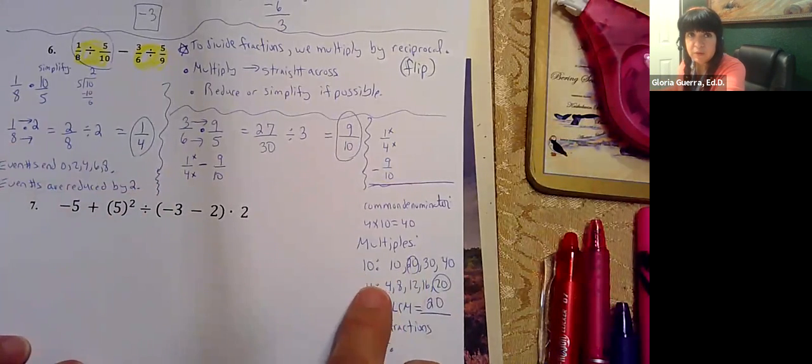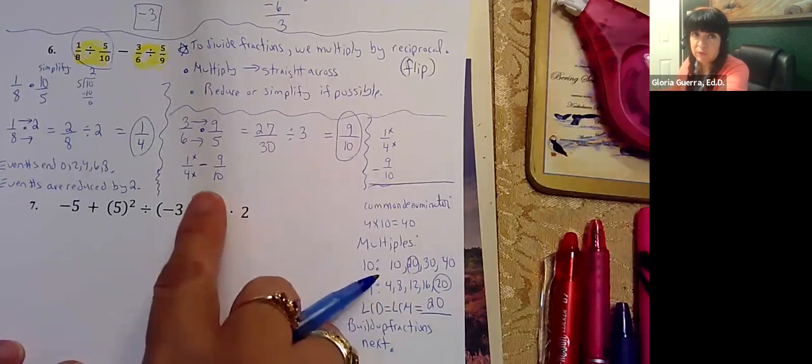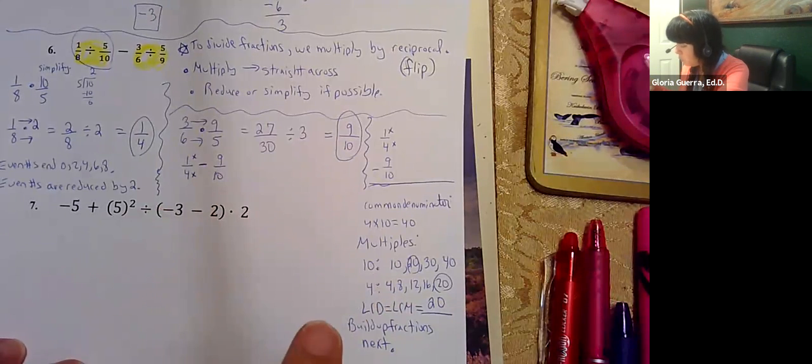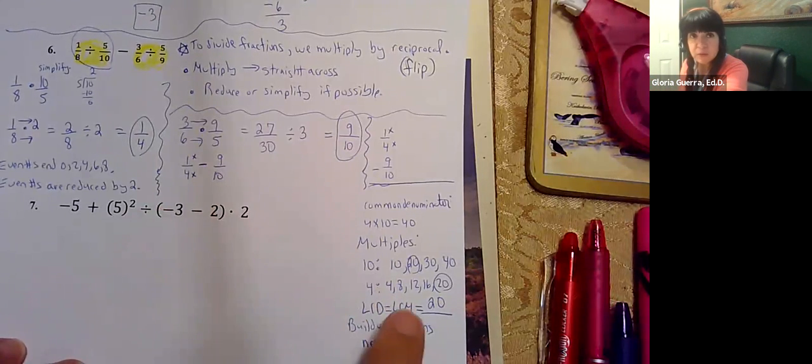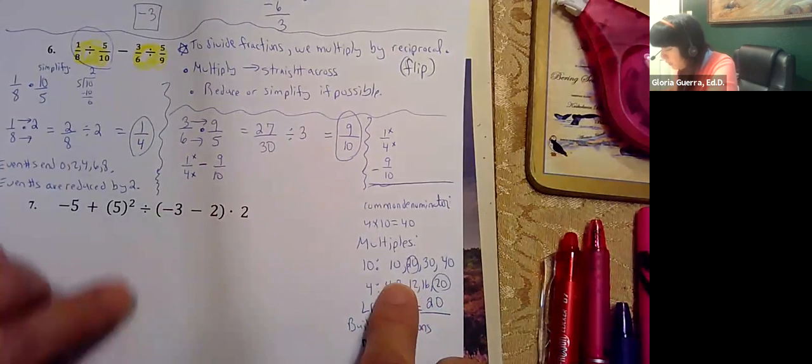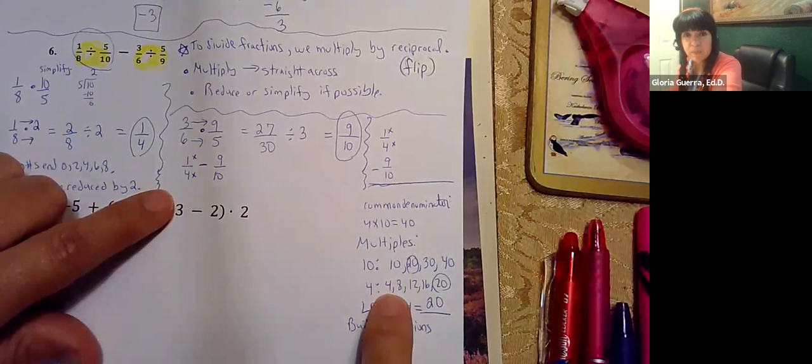If I use this method, I need to build up this fraction, and I want to find out what is 4 times what gives me a 20. So if I look at the 4, and I come over here to 4 and I count 1, 2, 3, 4, 5.